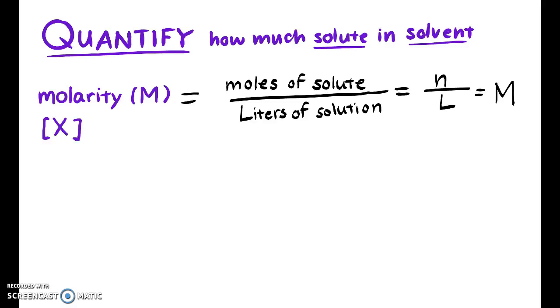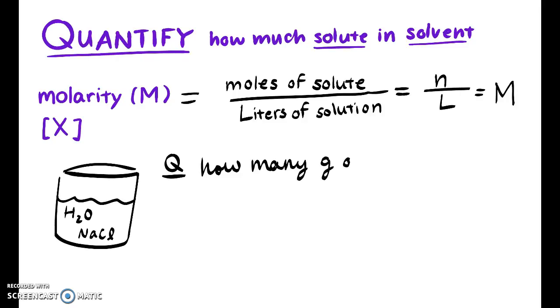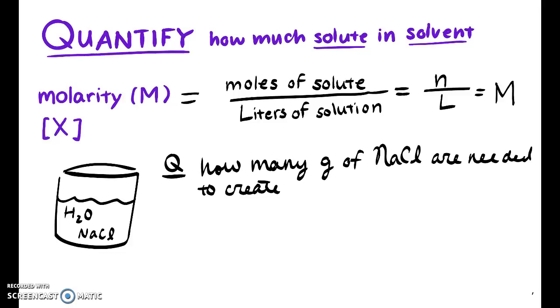For example, if once again we have our beaker here with water and our salt floating around, here's an example question: how many grams of NaCl are needed in order to create 2 liters of a 0.25 molarity solution?